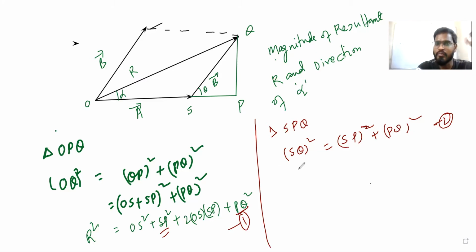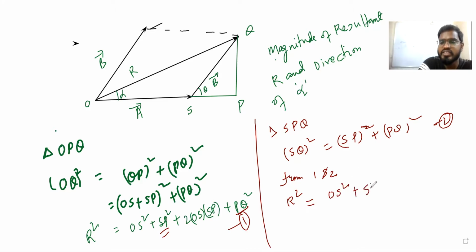See, our motive is that we want to convert everything in terms of A and B only, that's why we are doing this. So from 1 and 2, R square is equal to OS square plus SQ square plus 2 OS SP.